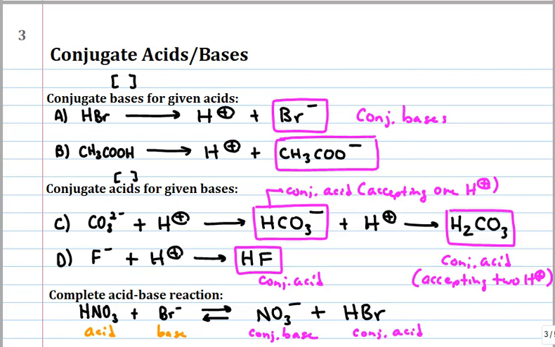All right, so Chapter 7 is largely about acid-base chemistry. Water acids, water bases, what happens when an acid acts as an acid to produce a conjugate base, and what happens when a base acts as a base to produce a conjugate acid.